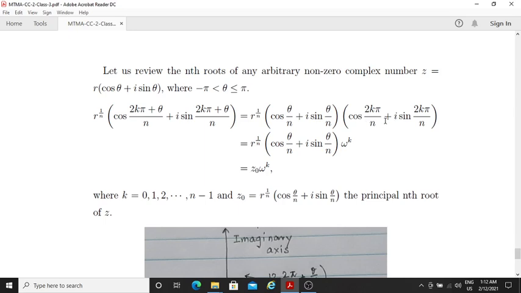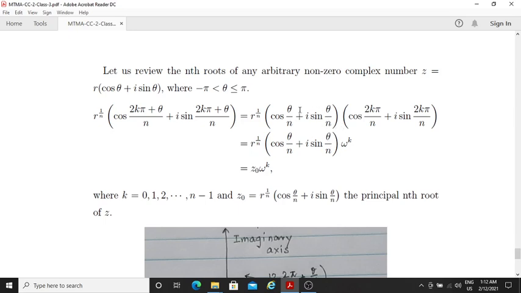If you multiply this by a simple trigonometric result, you can show that this will be this expression. Multiplying means cos into cos plus sine into sine, minus, that will give you cos of this thing, and then you take out i, and the simple multiplication will give you this.